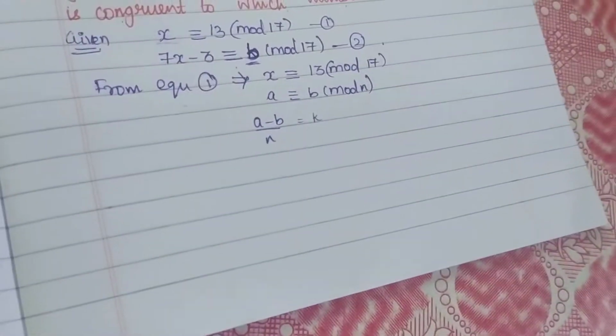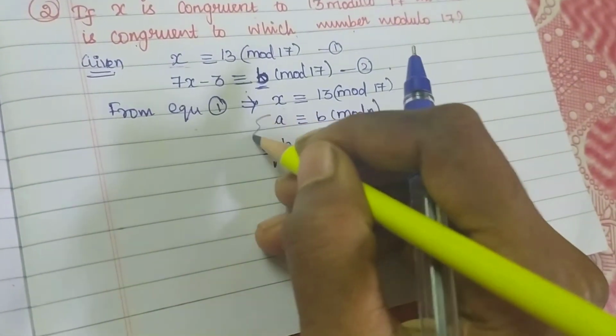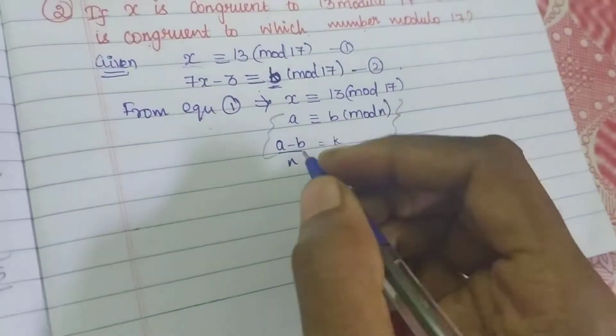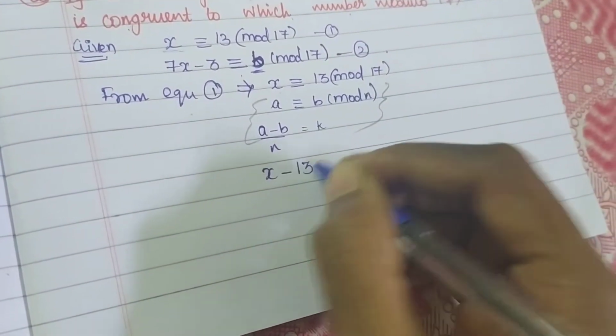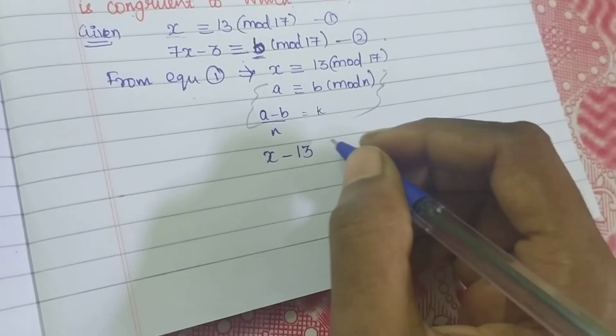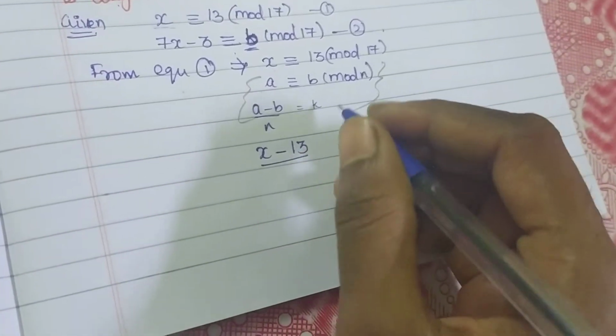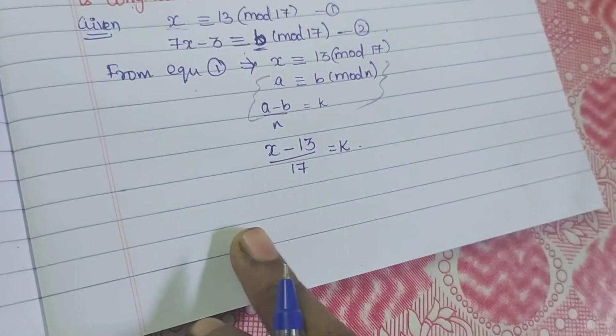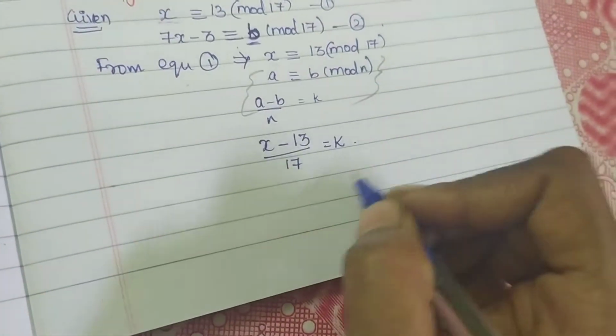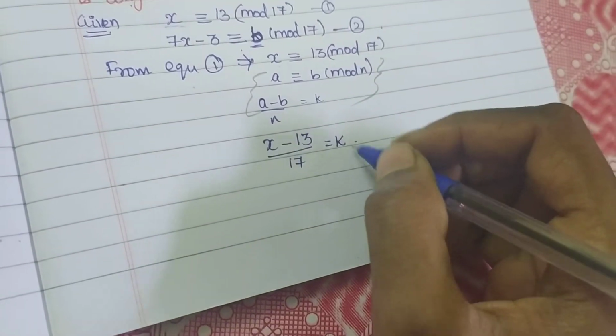This is for your rough work. If you are clear, you don't need to write it. So x minus my remainder, divided by 17, equals my k value.